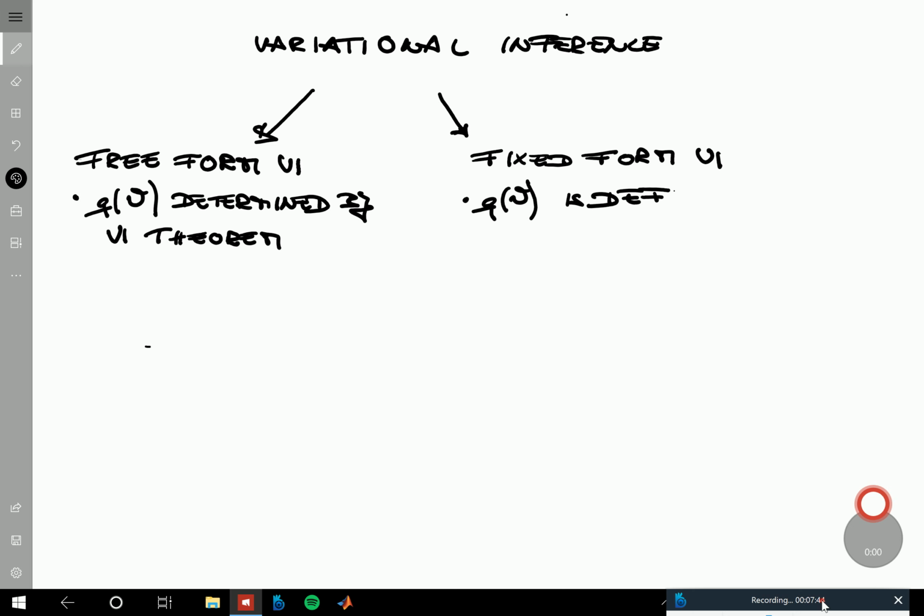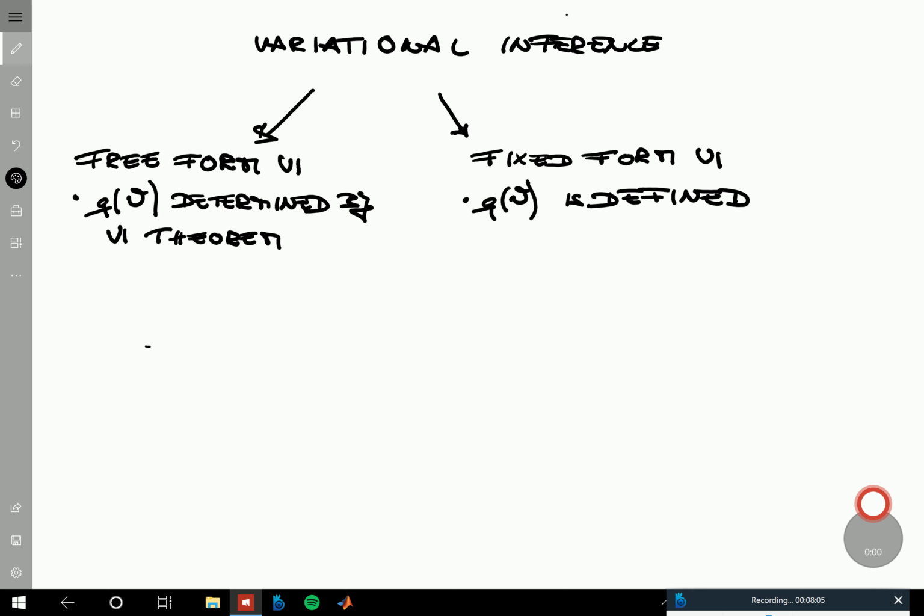What I'm talking about here is the form of the distribution, so by that I mean the type of distribution. In freeform variational inference, the variational inference theorem and some mathematical derivation yields a form for the variational distribution.